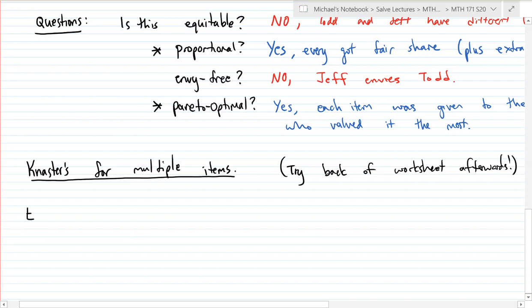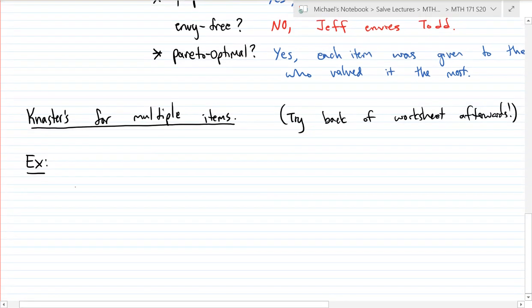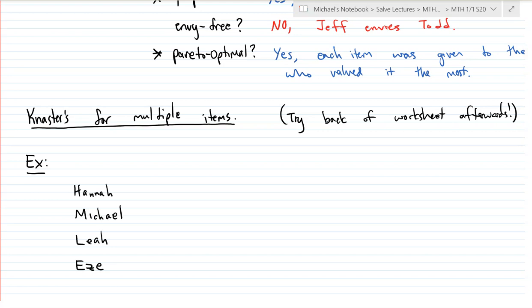All right, so here's the example we're going to be looking at. We have 4 friends: Hannah, Michael, Leah, and Ase. They have just come into a big inheritance. Their great aunt Midge just passed away.